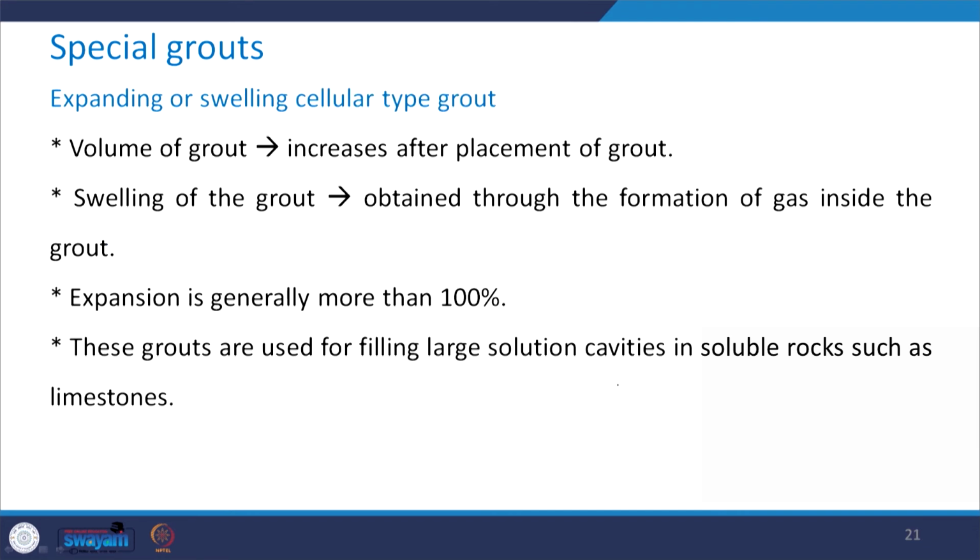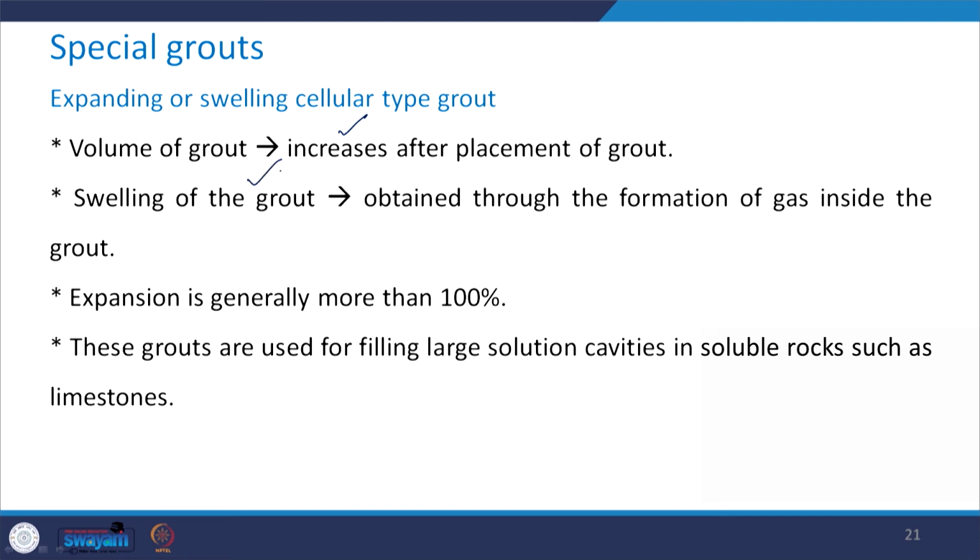Coming to the expanding or swelling cellular type grout, the property of such grout is that the volume of the grout increases when it is placed in the rock mass, or when you complete the grouting, there is an increase in the volume of the grout.